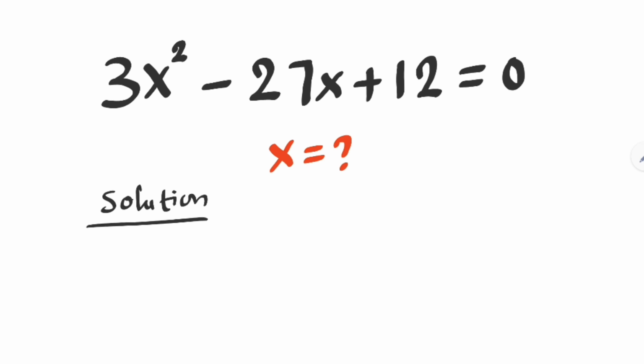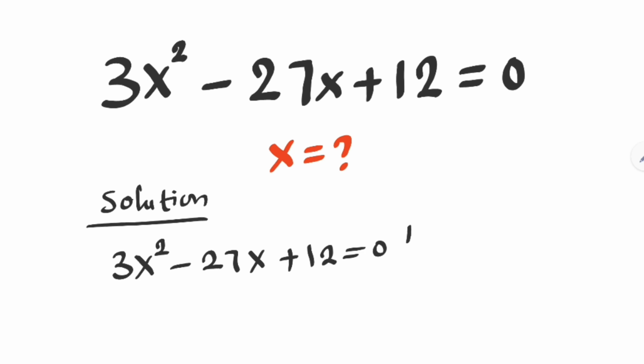We have the given equation 3s squared minus 27s plus 12 is equal to 0. If you look at this, you can see that it's divisible by 3. Let us divide the whole of this equation by 3.